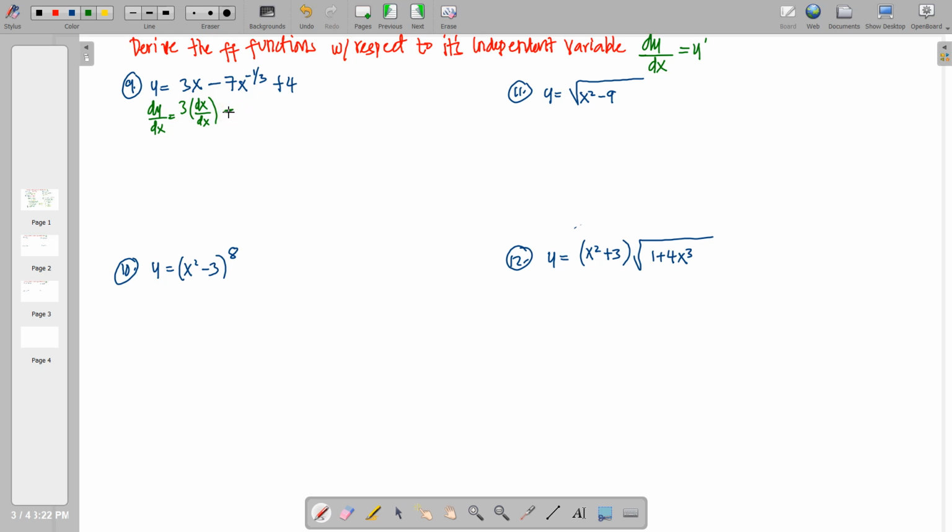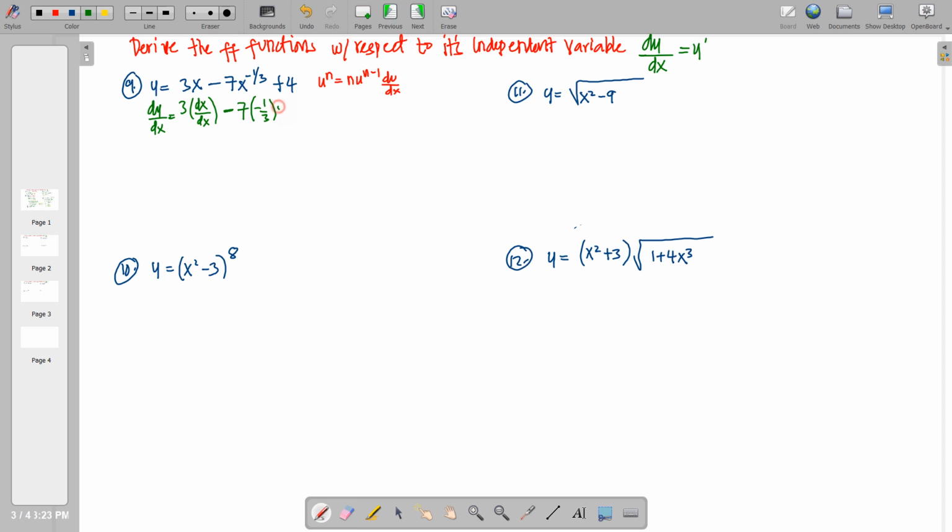Okay, so and again we have a constant times variable, just copy the constant and then bring down 1/3 here. By the way, you are deriving now u raised to n, so this is in the form of u raised to n, simply that is equal to n u n minus 1 du over dx. So in this case, we bring down that negative 1/3, so we enclose it in the parenthesis, so to avoid confusion.